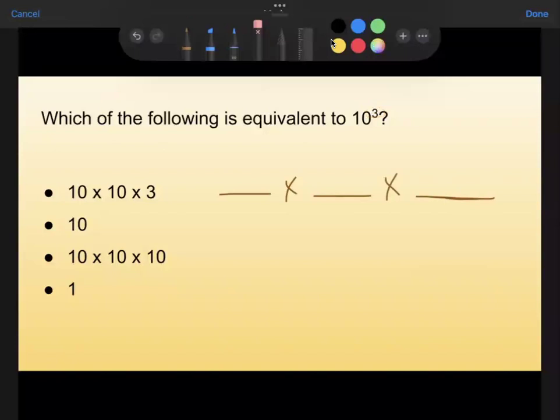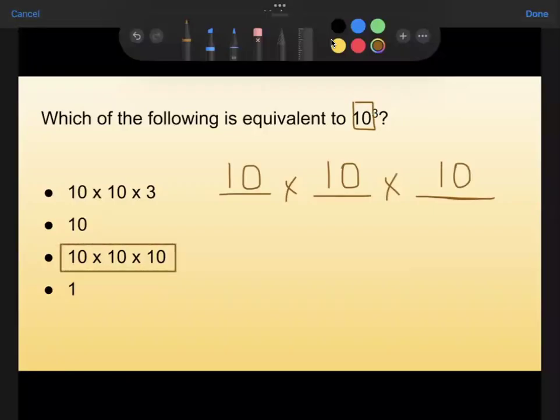Now the base is the regular size number. So that means that's going to be 10 times 10 times 10. So that's the expression that shows what 10 to the third power represents. So out of the 4 choices on the left, this is the one that matches the expression I came up with. So this is the one that would be equivalent to 10 to the third power.